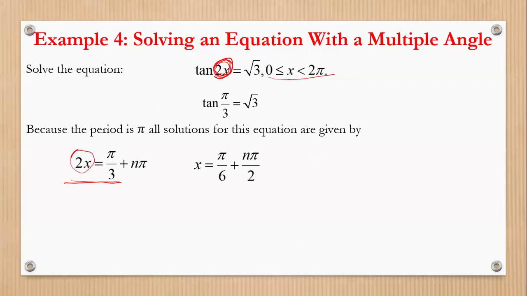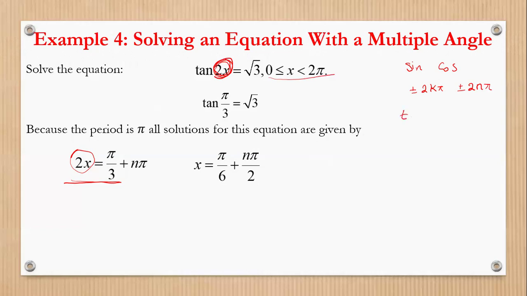And if you want to write all solutions, you always have to add something. I told you, for sine and cosine, you always add or subtract 2k pi. Or instead of k, you can have any other letter, like 2n pi. You may see in some homework or problems that it says 2n pi. That's exactly the same as 2k pi.